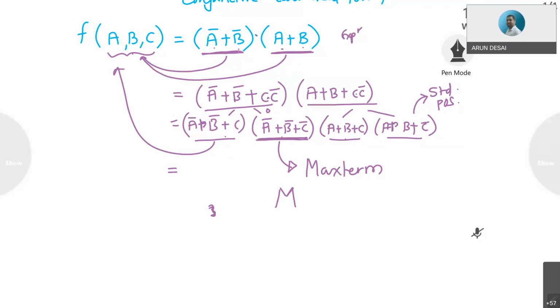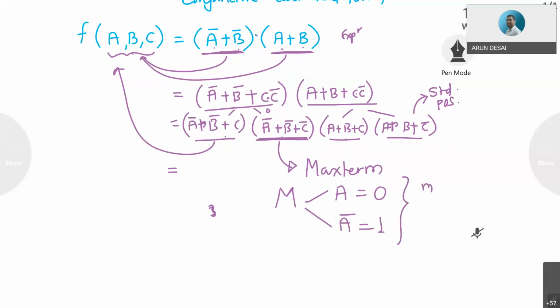Then in POS, if the variable is present, then the value of that variable is 0, and if its complement is there, then the value is 1.